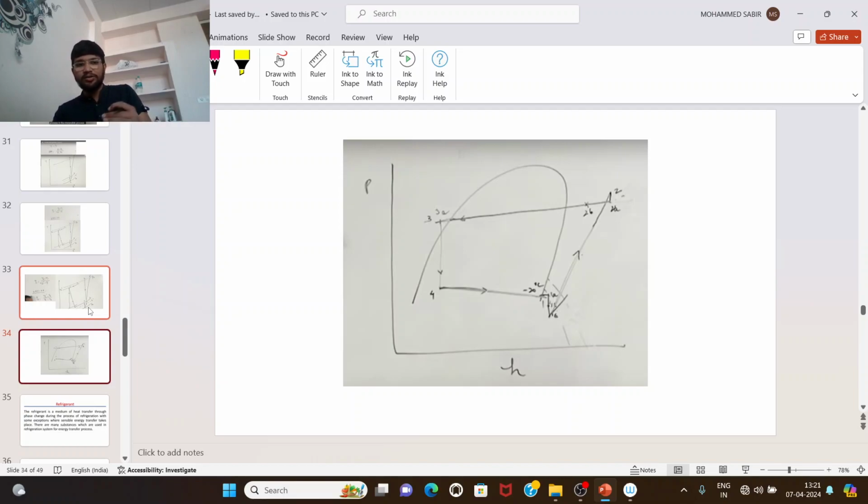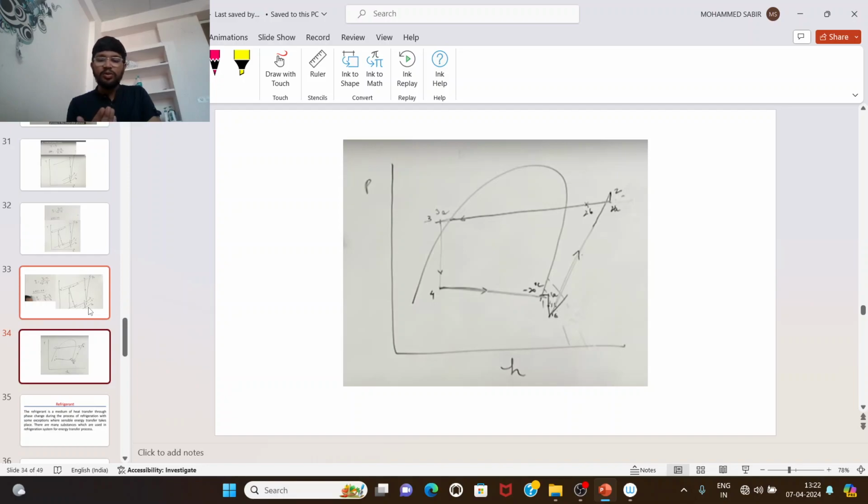Due to that, the pressure may rise, and we get state 3 in the sub-2 region. And due to ambient heat addition, point 3 shifts towards the 3a point, and then we come to the isentropic expansion.